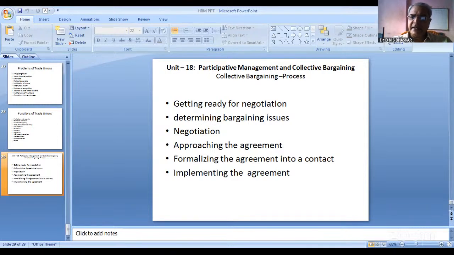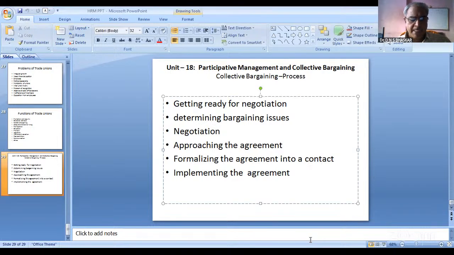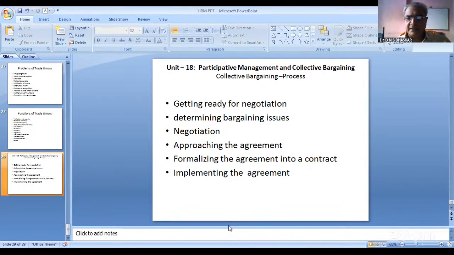The agreement is arrived at, and formalized into a contract. Once the contract is made out, then implement the agreement in the true sense. Implementing is not just implementing; it must be applied in the true sense of that. That is very important in these aspects.